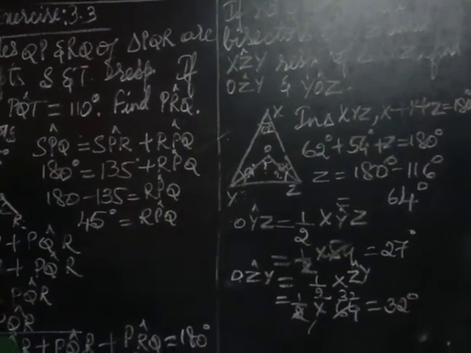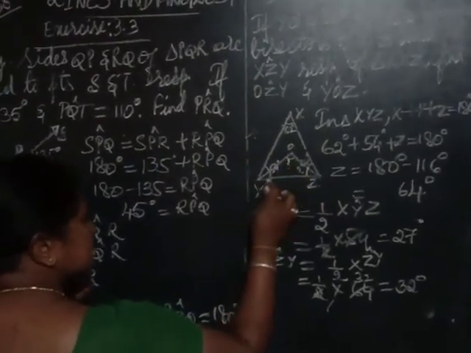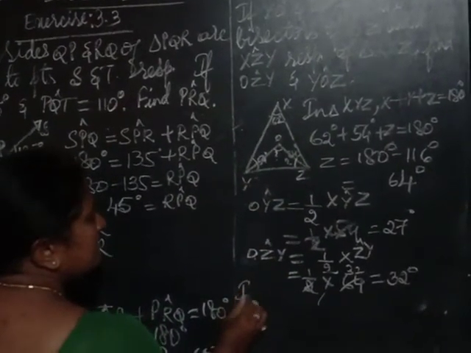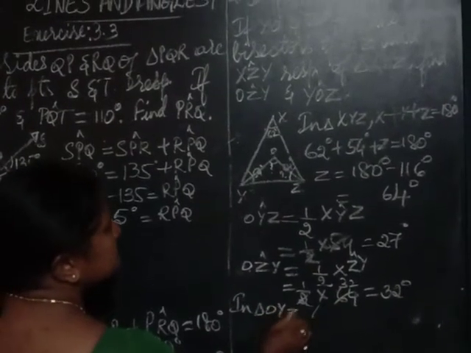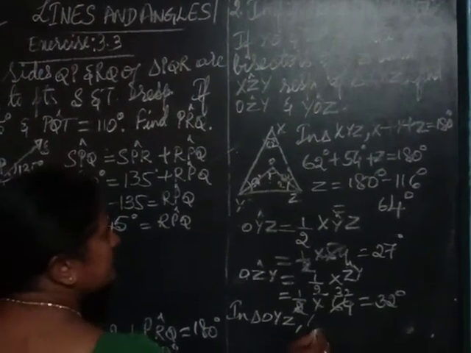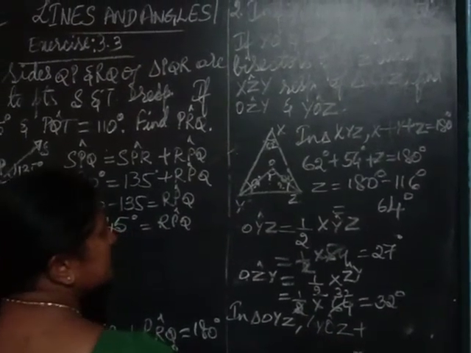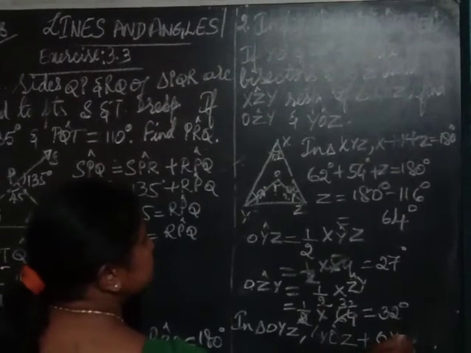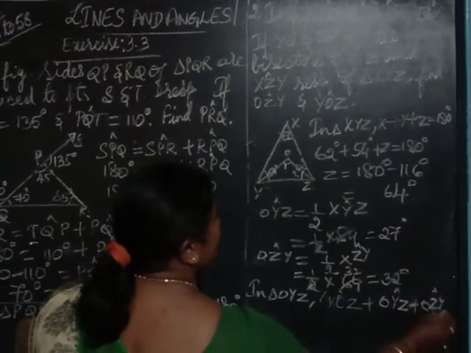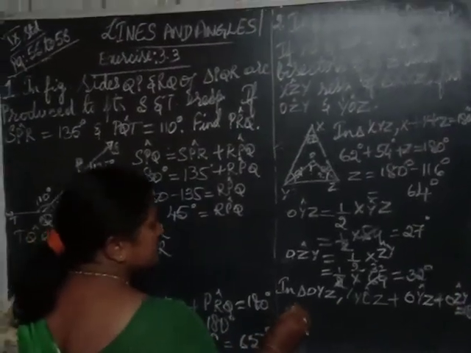Now let us take this triangle. We got angle OYZ as 27 degree and OZY as 32 degree. So in triangle OYZ, angle YOZ plus angle OYZ plus angle OZY is equal to 180 degree. YOZ we have to find out.